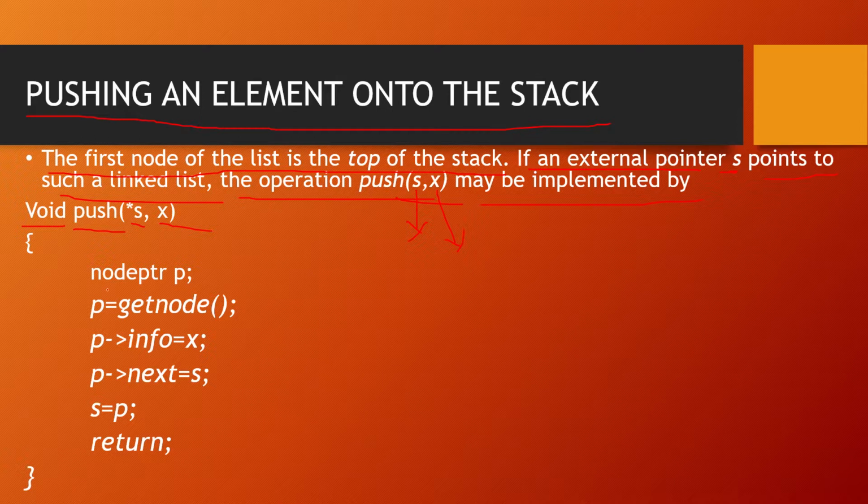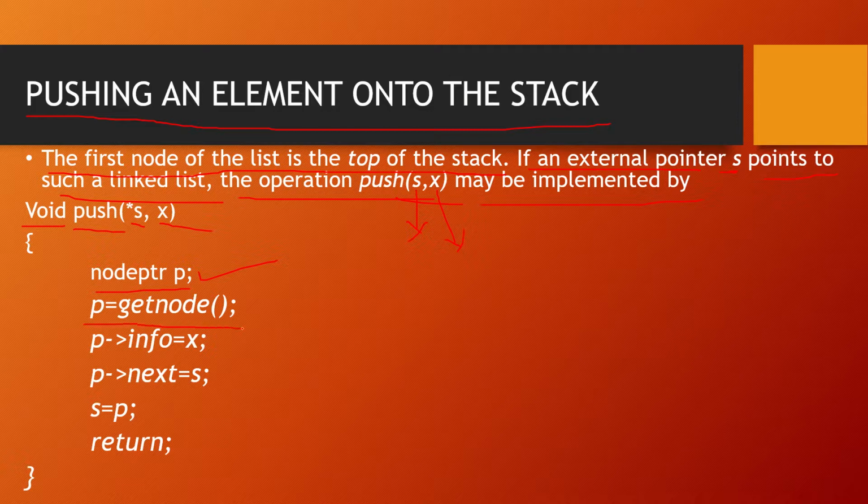First of all, we declare a variable of nodeptr type, that is, P is a variable of nodeptr, a data type that we have declared in the linked list.